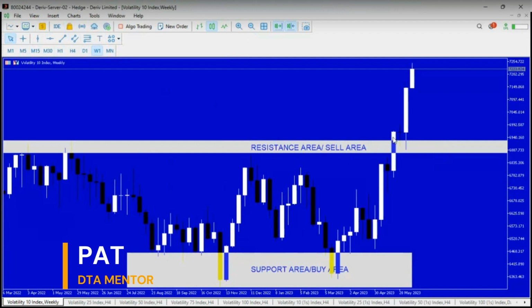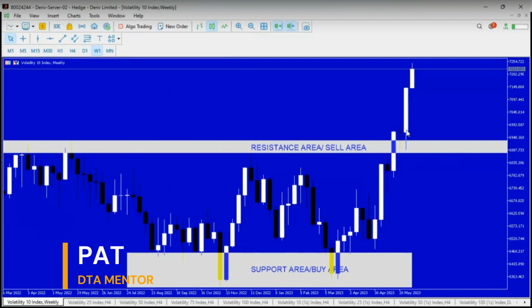And then the following week, it went inside that area only to close on the other side, on this side, showing a doji. I think it was a doji candlestick pattern.